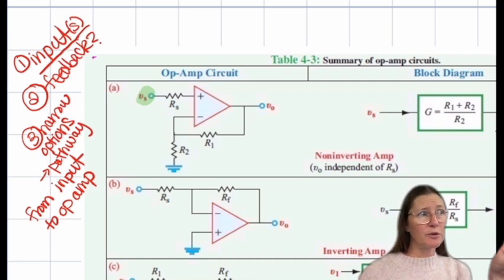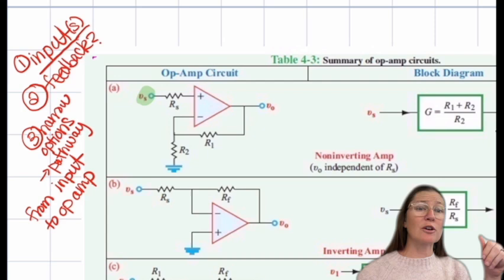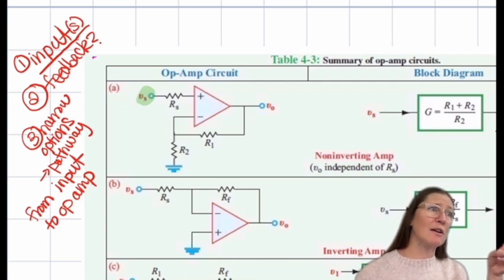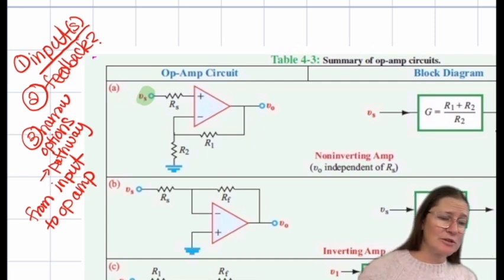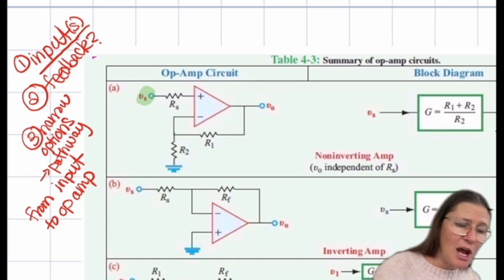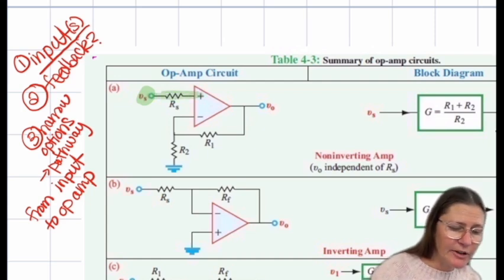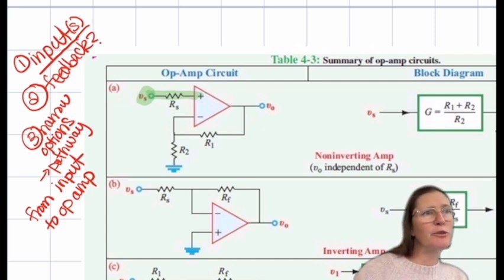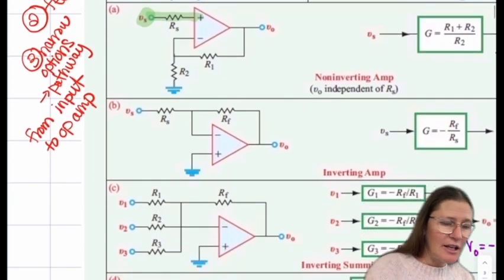That's what I mean by narrowing options: you can only have those 3 types of configurations for a 1 input source. Then I look at the pathway and see that it goes from the source into the positive terminal. That identifies this as a non-inverting amplifier. Does that make sense? Some yeses. Okay. All right, next one, source.